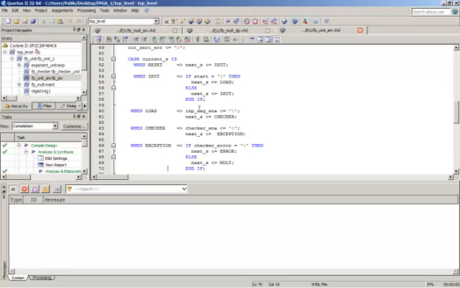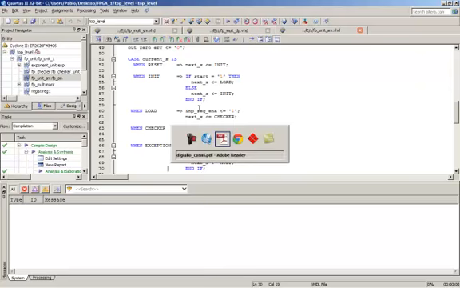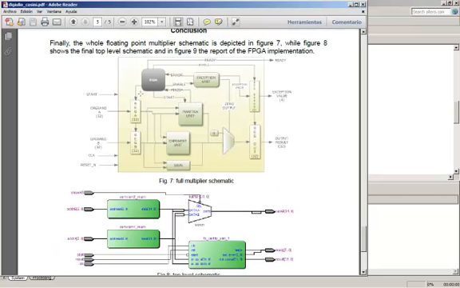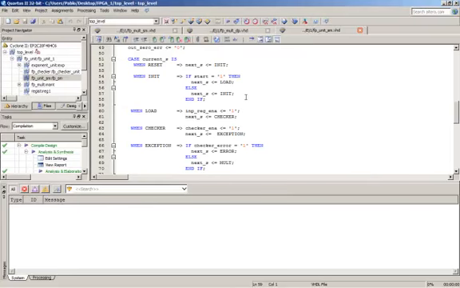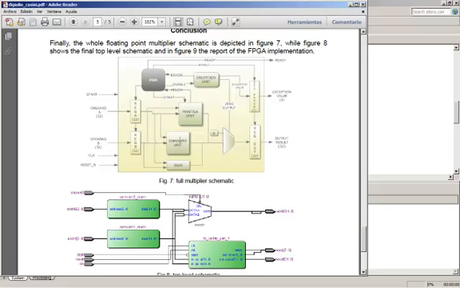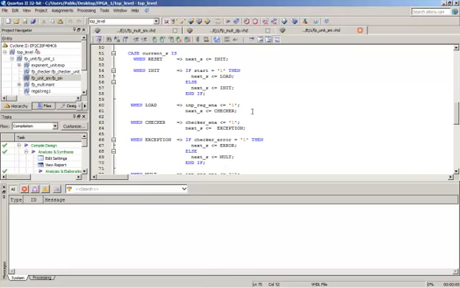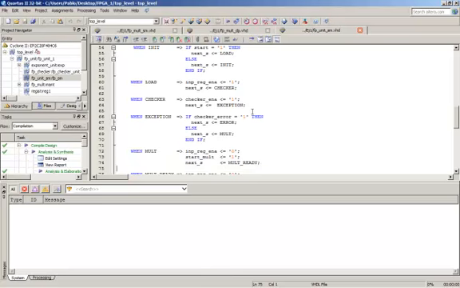In the load state, we enable the registers that we have at the beginning. This is the top level scheme. At the beginning we have two registers in order to latch the data. Then we jump to the checker. The checker is a unit in charge of checking the exceptions. We enable the exception unit, and in the next clock we check if there is an error. If there is an error, we jump to the error state, or otherwise we start the multiplication.